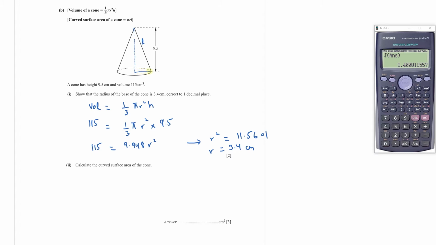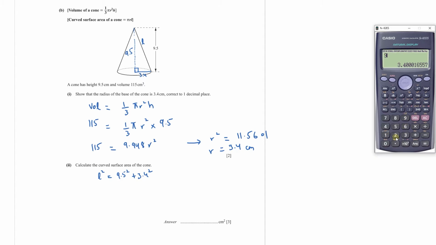And I know that this height is the same as this height, so this height is also 9.5. And this is the radius, which is 3.4. So I can use this right angled triangle and the Pythagoras theorem to calculate this L. So L squared, which is the hypotenuse, will be equal to 9.5 square plus 3.4 square.